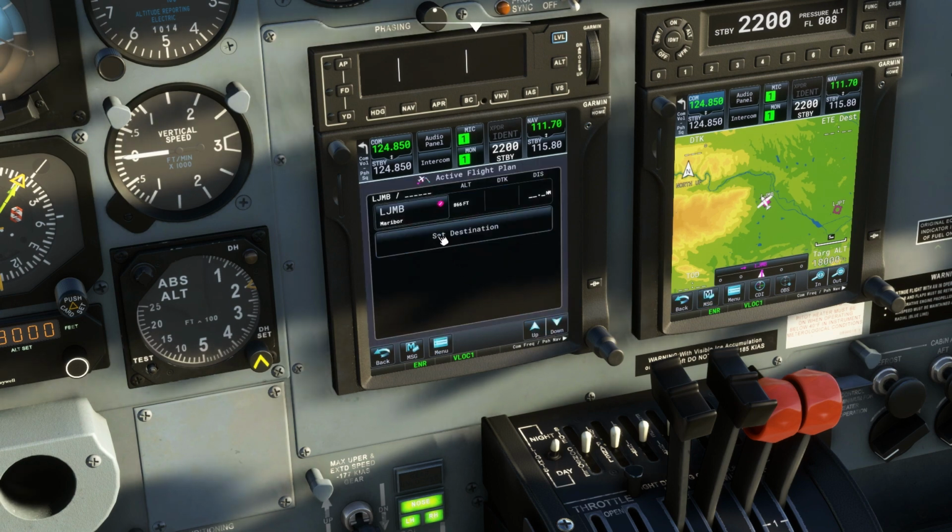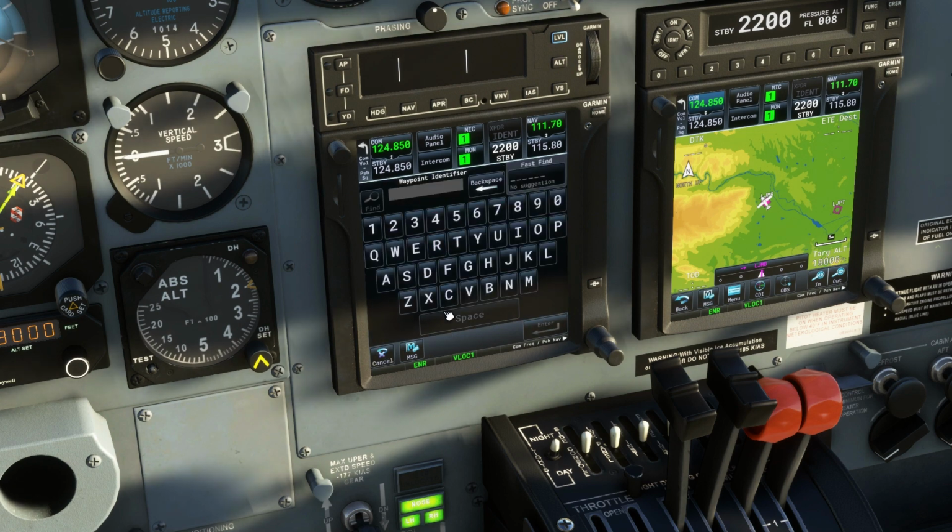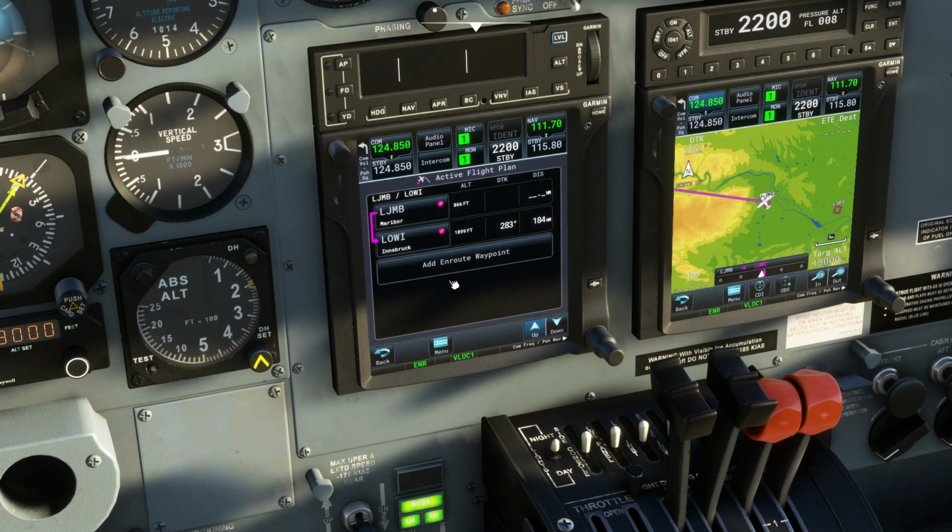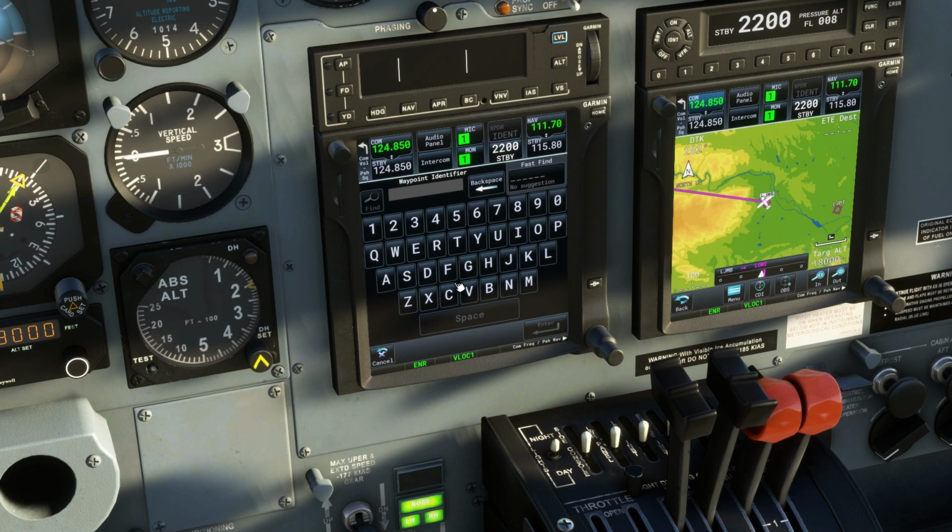Set origin, set destination. Anyway, so it's Lima, Oscar, Whiskey, and India, Innsbruck. Now add our route point. We'll be going to Golva, direct Graz.